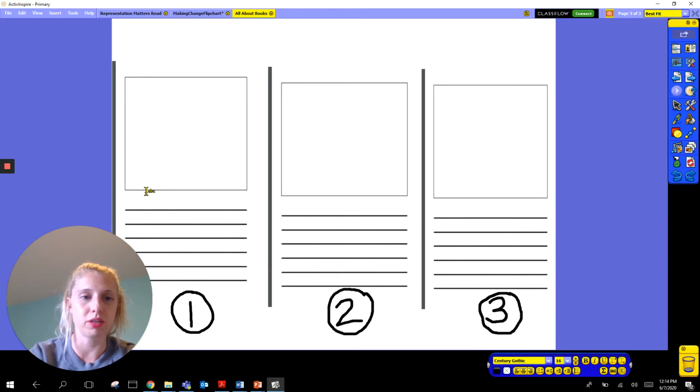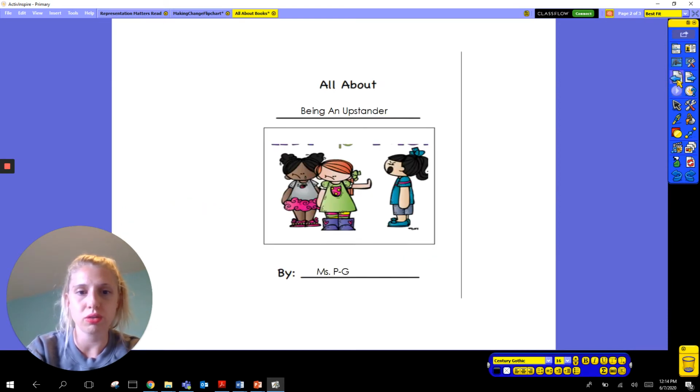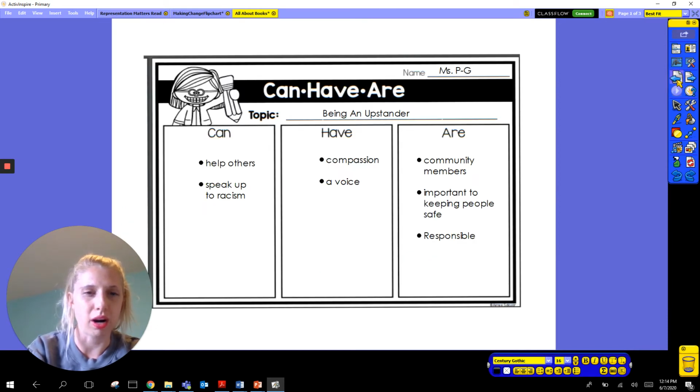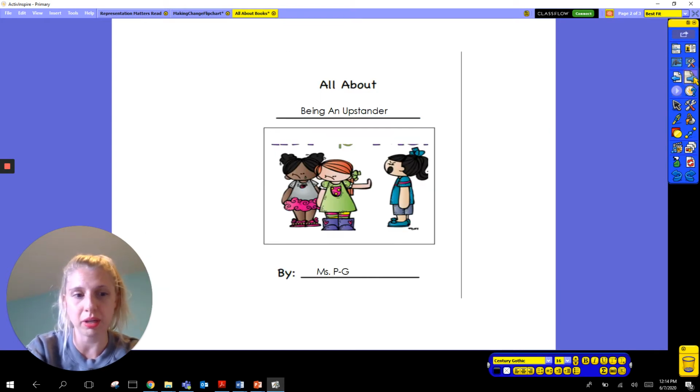So the first thing I'm going to do is I'm going to write in can. An upstander can. And then I'm going to go back to my can, have, are. I wrote help others. So that's exactly what I'm going to write.